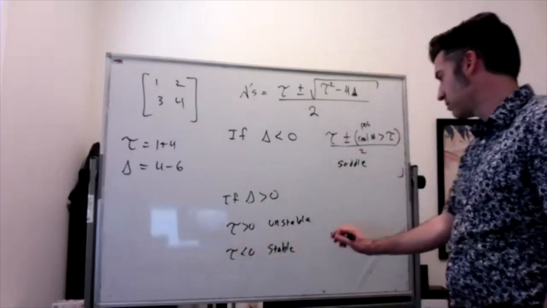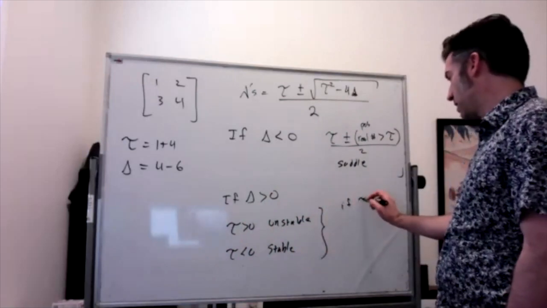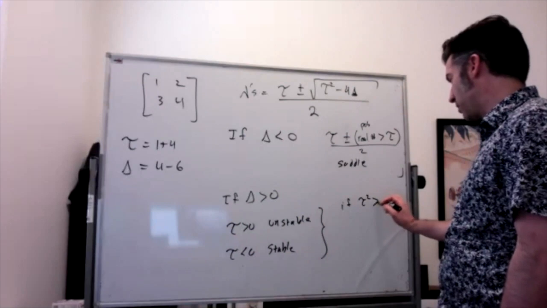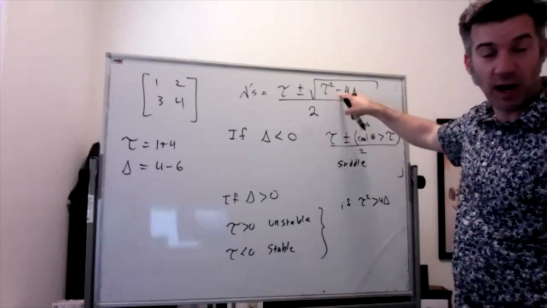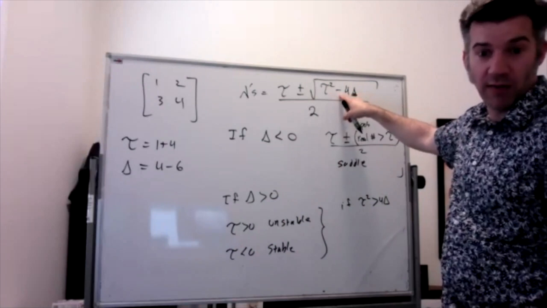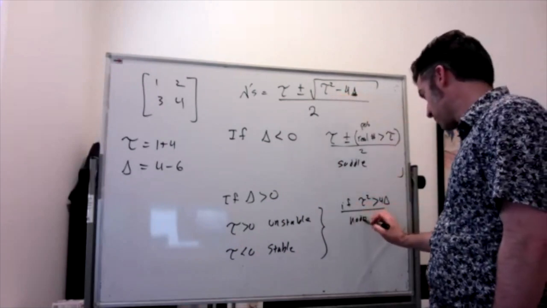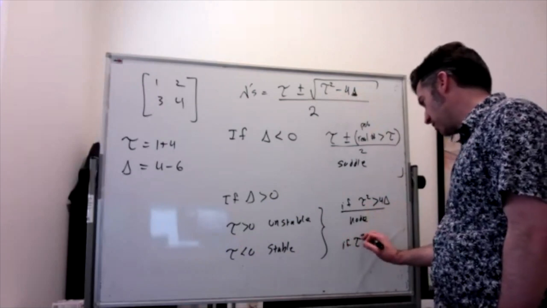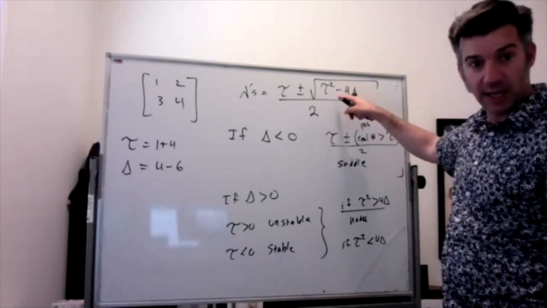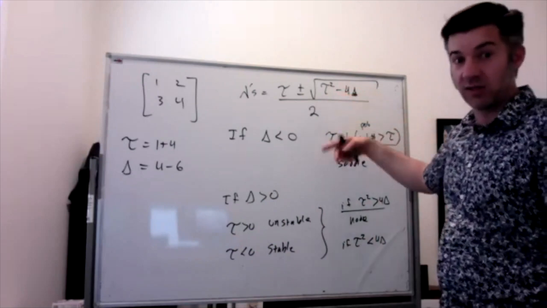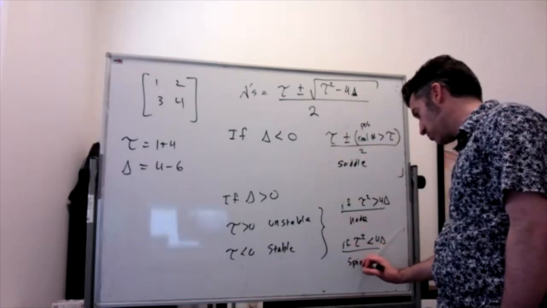And then if tau squared is bigger than 4 delta, that means the inside of this is positive. That means you have a node. If tau squared is less than 4 delta, then your discriminant here is negative. You're taking the square root of a negative, which is going to be complex. That means you're going to have a spiral.